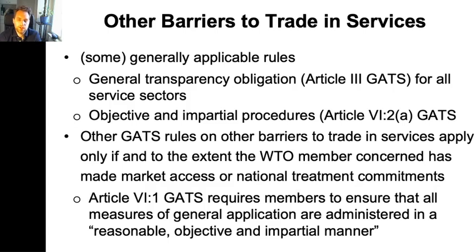Therefore, GATS Article 6, paragraph 2(a), also establishes objective and impartial procedures when it comes to imposing measures in connection with services. Other GATS rules on other barriers to trade in services only apply if and to the extent the WTO member in question has made market access or national treatment commitments. So it depends at the end of the day on the member itself to determine whether and to what extent it wants to open its market.